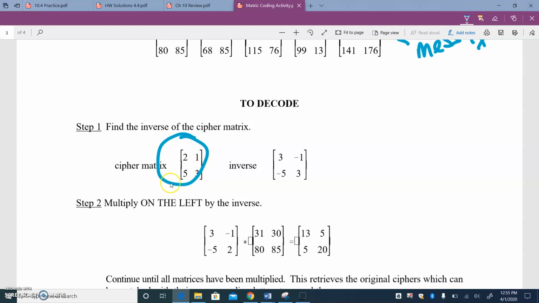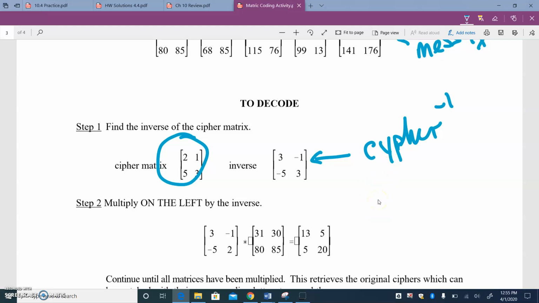If I am coding with a cipher, you're going to use an inverse of that to decode a message. And you all know from yesterday's lesson that this is the inverse of my cipher. And I'll even say cipher inverse, with the little -1 notation.